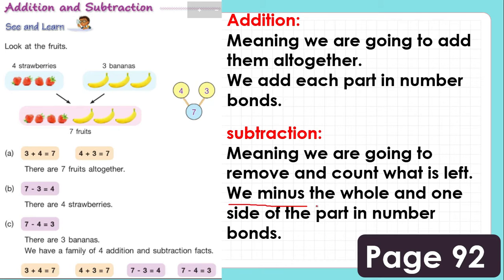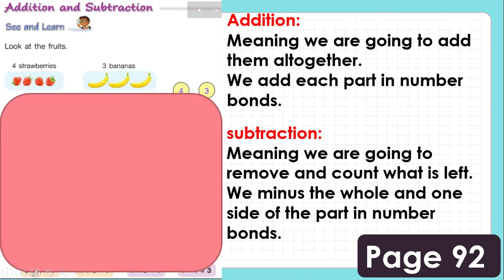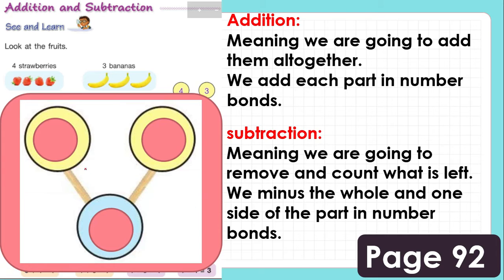Then how do we do it in number bonds? First, we need to minus one part from the whole. Let's take a look at this one. We have a number bond again: part A, part B, and the whole number. It says we need to minus this part from the whole number.